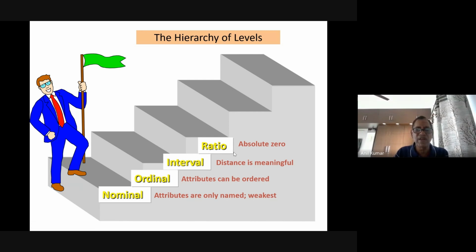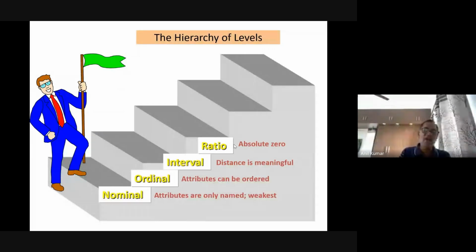Interval means data where we have a defined distance between two scores, so distance is meaningful. And ratio is where there is not only distance but also an absolute zero; we have a minimum measurement of zero, absolute zero measurement.